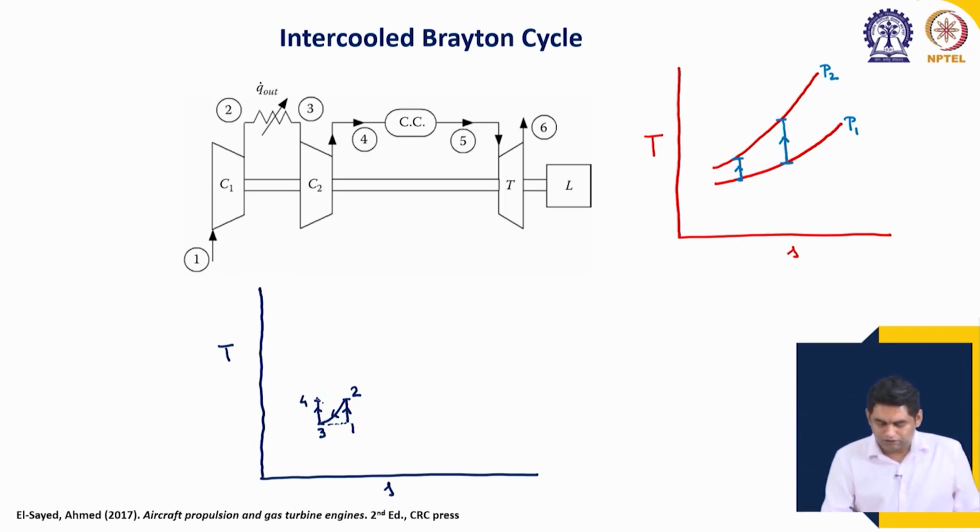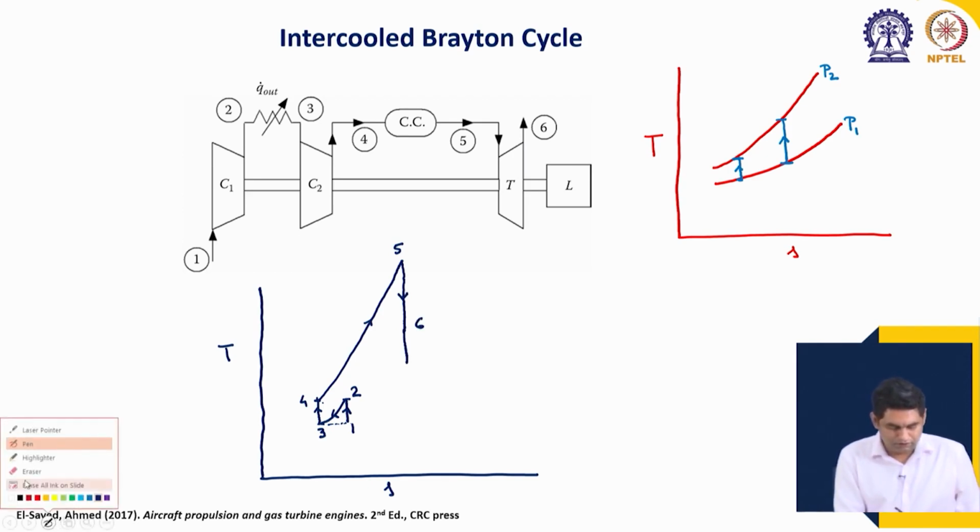Then the normal heat addition or combustion process occurs. Then we have the expansion in the turbine. So, 4 to 5 is the heat addition, combustion, and 5 to 6 is the expansion in the turbine. Let us say that 6 is somewhat lower, as will be the case.